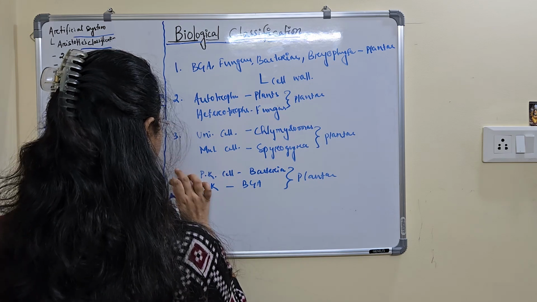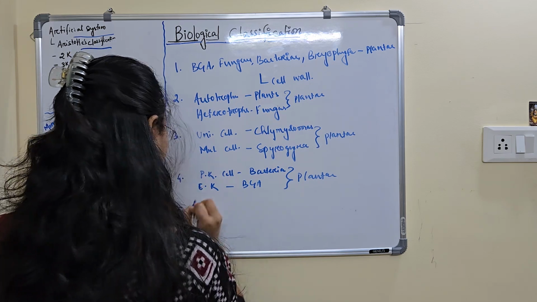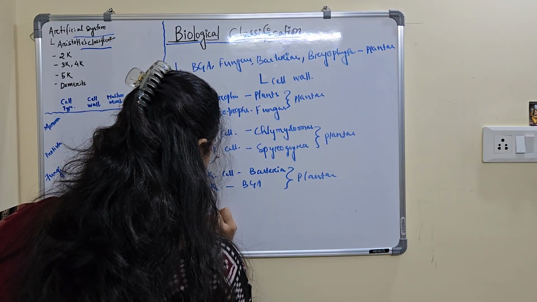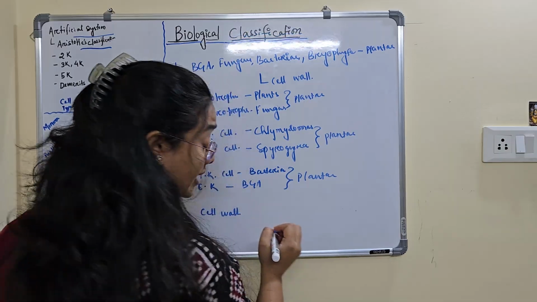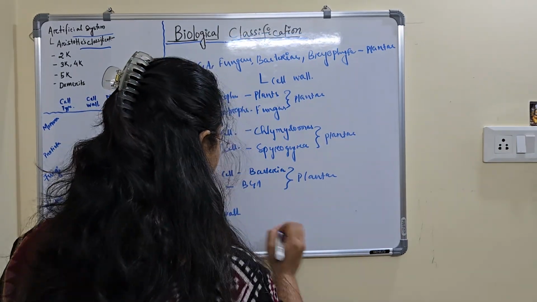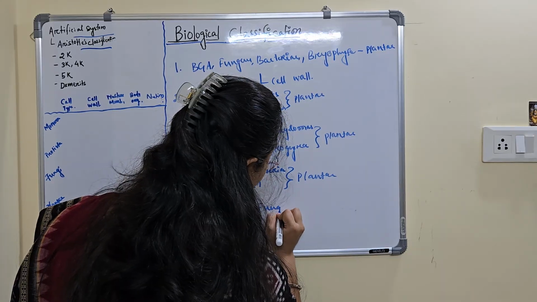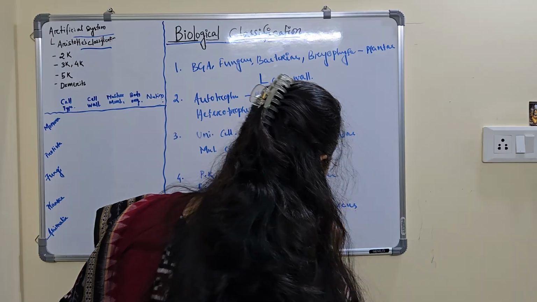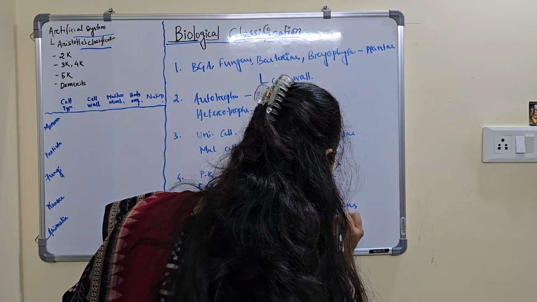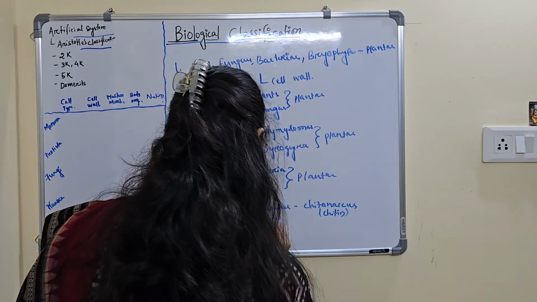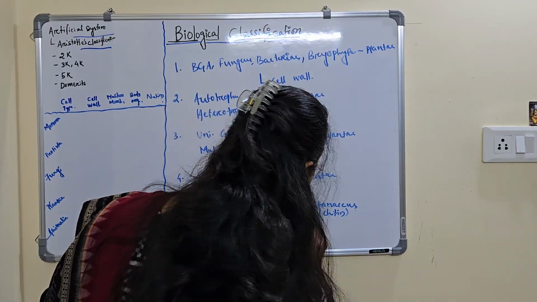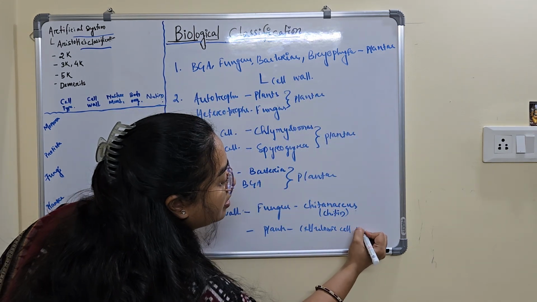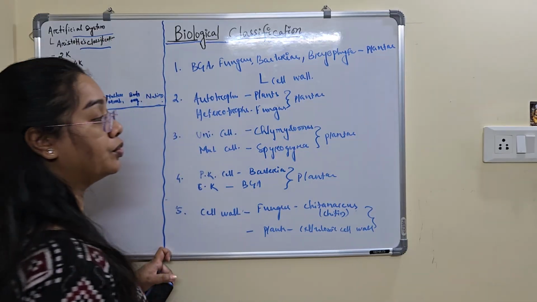Again, in the fifth point, he classified on the basis of cell wall, but the cell wall of fungi is chitinous, that is made up of chitin, and plants have a cellulosic cell wall, under the same group Plantae.